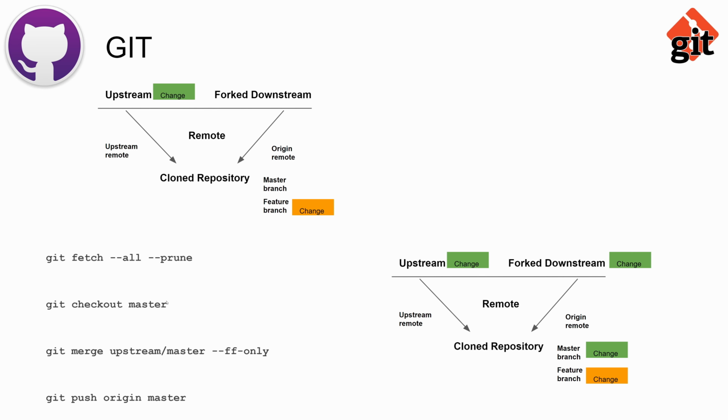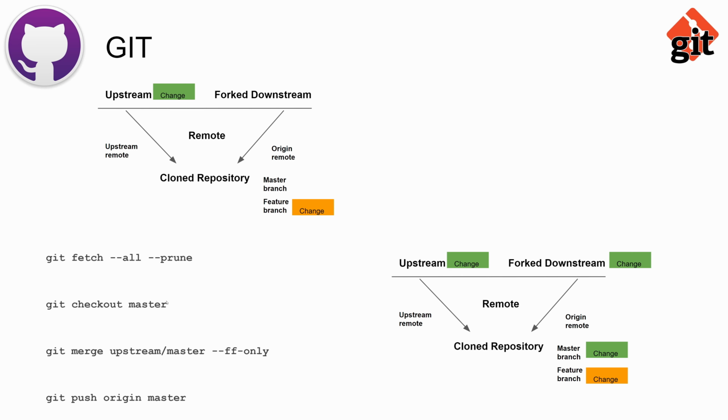So bring in all those changes into the local workspace with the git fetch --all --prune. The prune will help you to remove any unnecessary, unwanted code that has been removed from upstream or forked downstream repositories. And then you switch over to the master branch with git checkout master on your cloned repository.